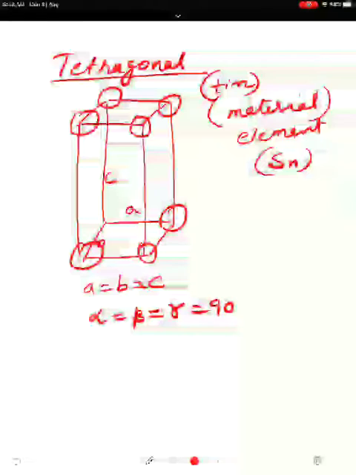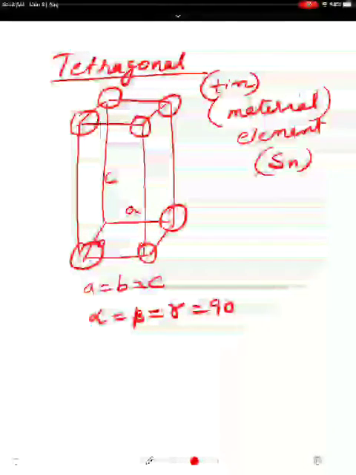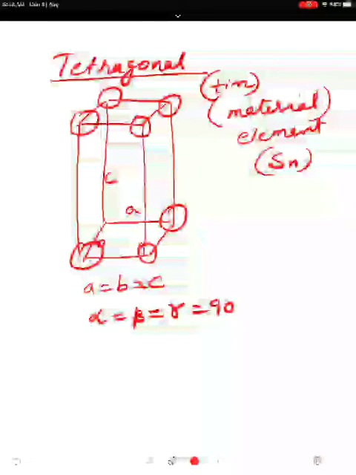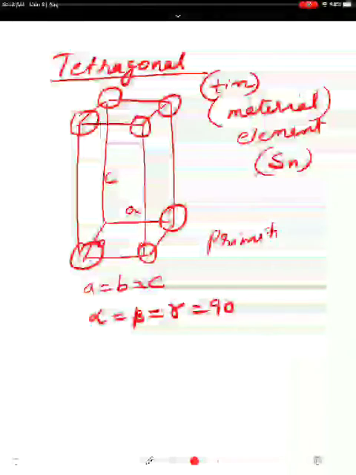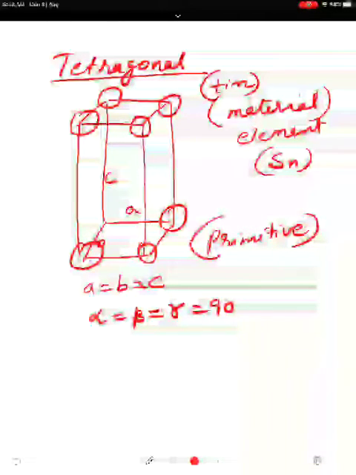Centered means either at the body center or at the face center or at the end centers. If it is end center, you will see a similar atom at the center of the end faces. What I have shown is primitive, meaning only at the corners.